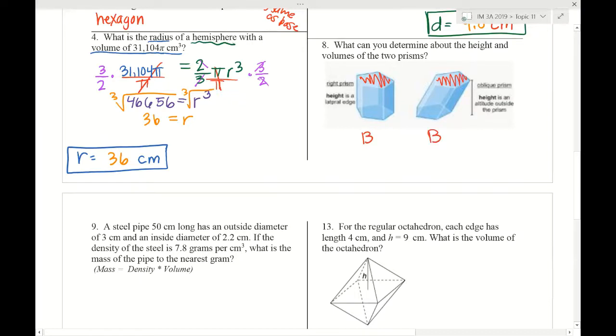And then the right prism, the height is actually a lateral edge, so this would be the height of the prism. Notice that this height is the same size. So if they have that same vertical height and their slant height, whether it's unknown or something larger, that means that the right and oblique prisms have the same volume.